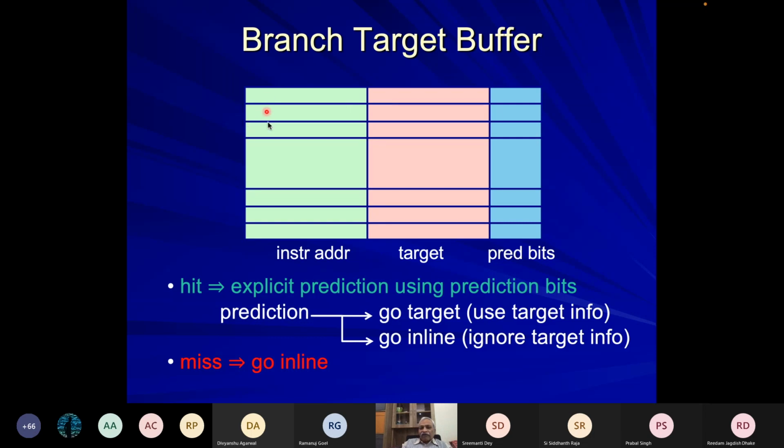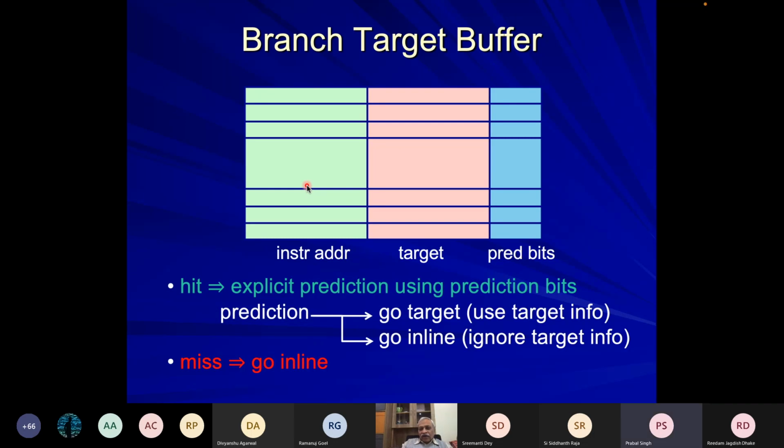That's why we can't have it too big. So we have 100 comparators which will compare the given address with the addresses stored here. It's an expensive thing, but it will let you make a check into this buffer in one cycle.